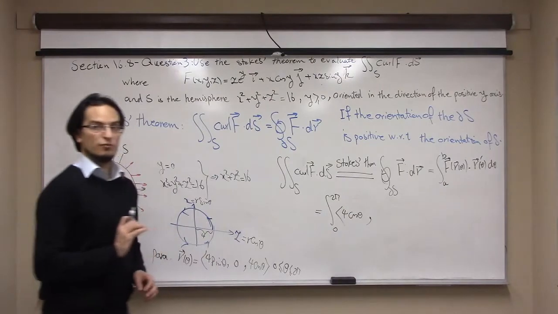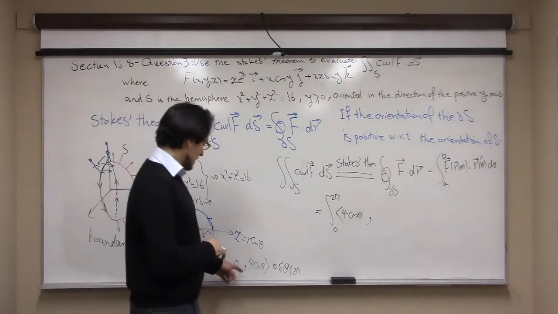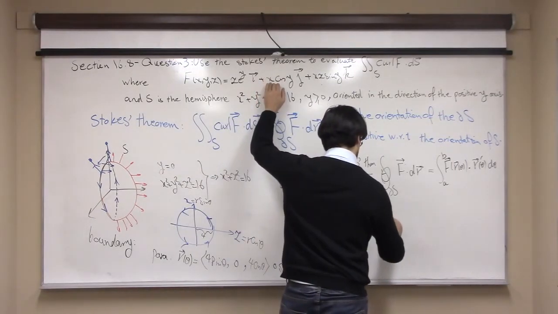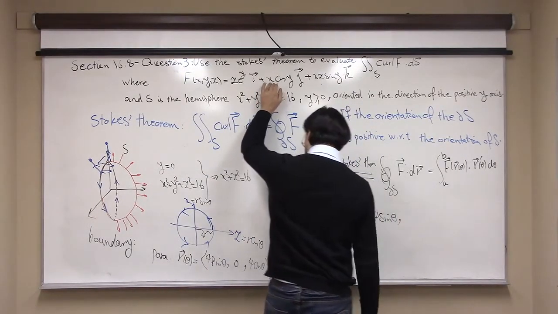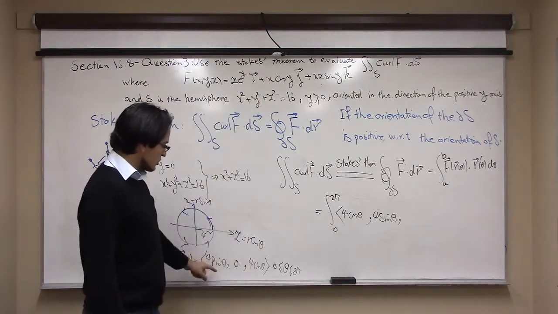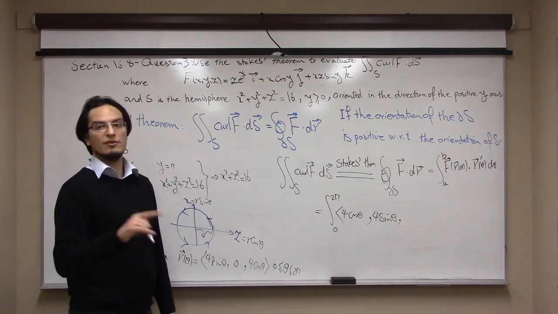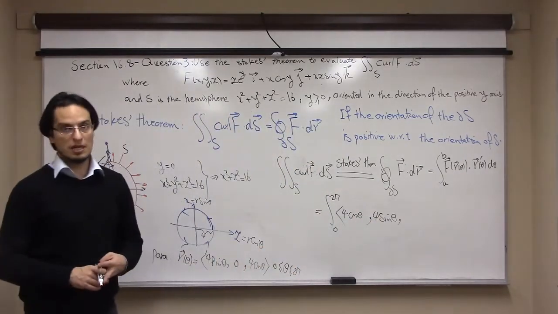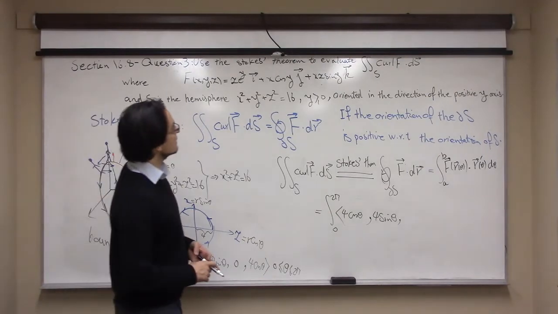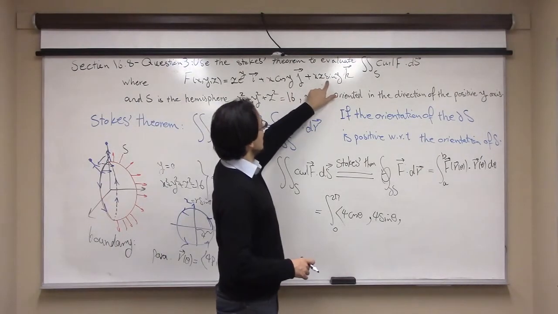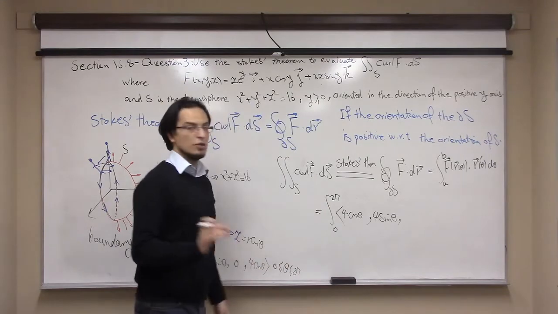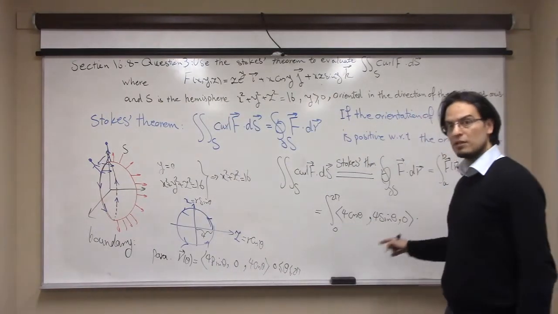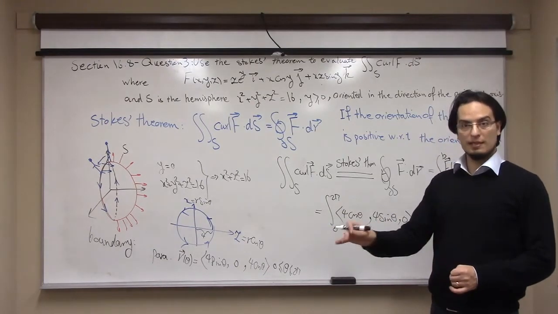So the first component is 4 cosine theta. The second one is x, which is 4 sine theta, and cosine y. Cosine of 0 is 1, so my second component is going to be 4 sine theta. And for the third one, I have sine of y. Sine of 0 is 0, and you multiply by the other things. That's my vector field when I plug in the parameter.